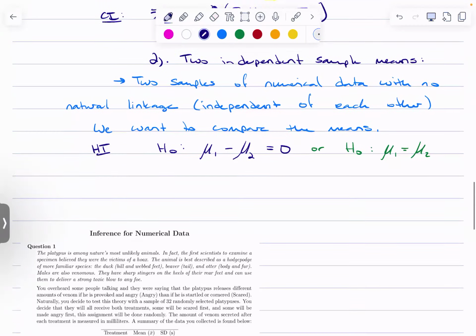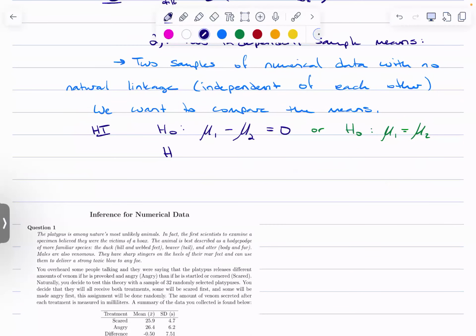So your alternative hypothesis, I'm going to skip it because it can be any of the signs: mu1 minus mu2 not equal to 0, less than 0, greater than 0. If you're having a hard time, I do find that this version of the hypothesis is a little bit easier, because then you can look at mu1 and mu2 if you suspect one is less than the other. Not equal to is usually fine.